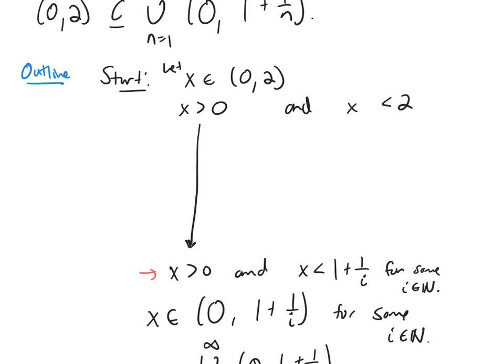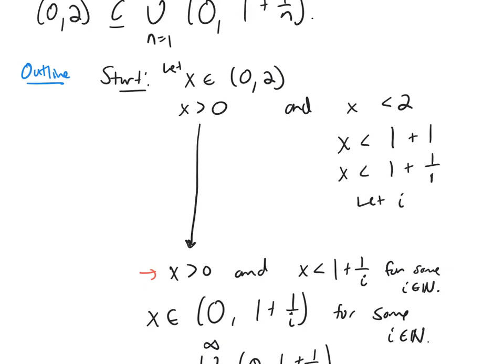So I need to find a specific value for I where that inequality would be true. Well, what if I let I equal 1? If I is 1, x will be less than, we said it's less than 2, so it's less than 1 + 1, and that's the same thing as if I equals 1.